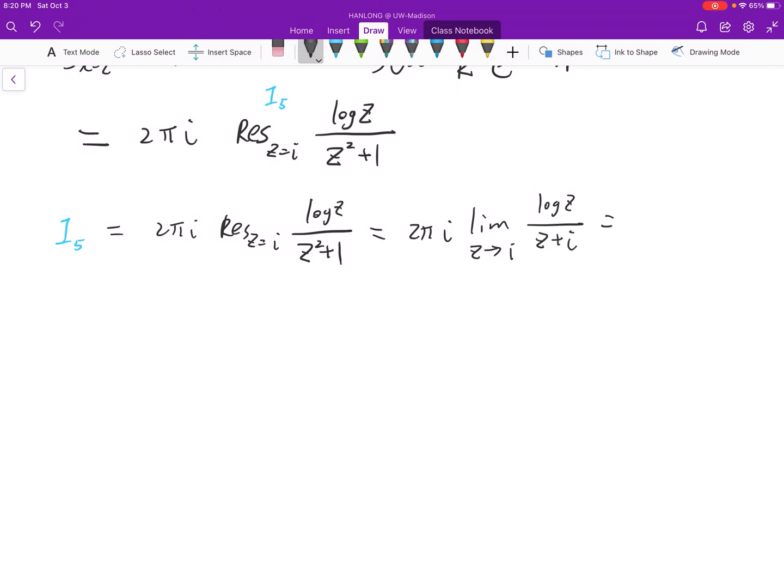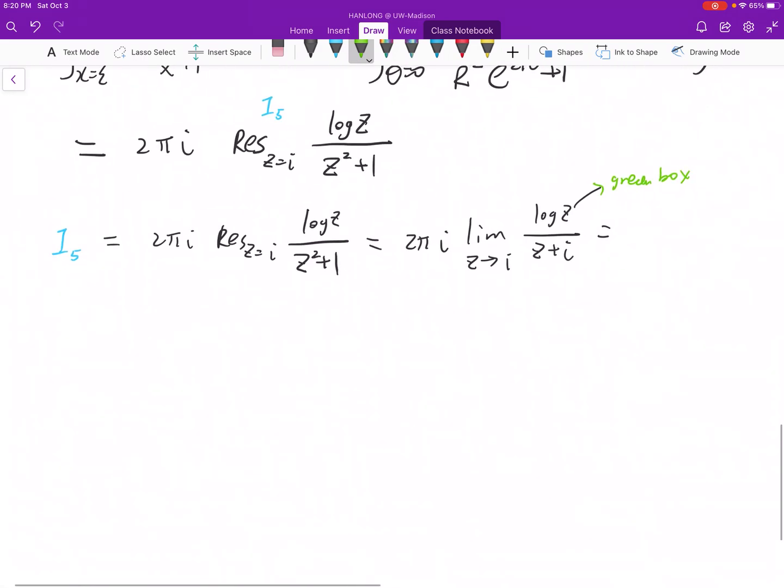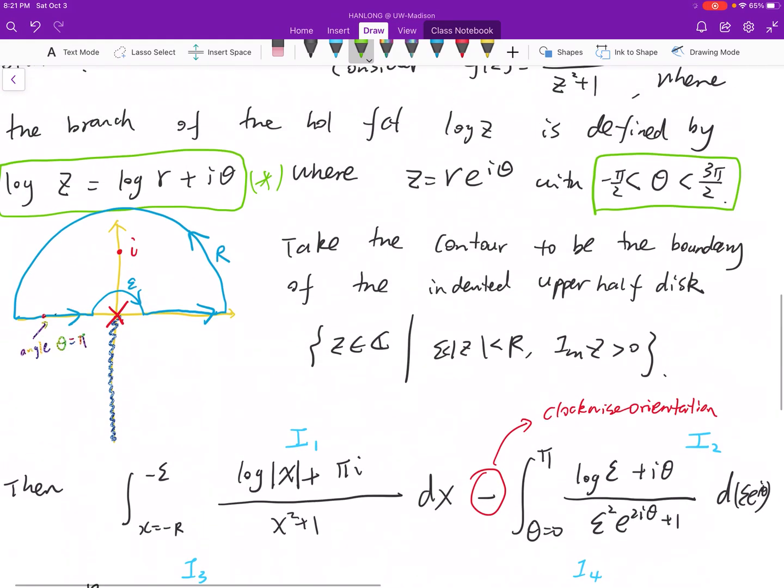Then you plug in, you need to compute log z and recall the green box here. The real part is the log of the magnitude, and the imaginary part is the angle. Since i is on the positive imaginary number line, the angle is pi over 2.